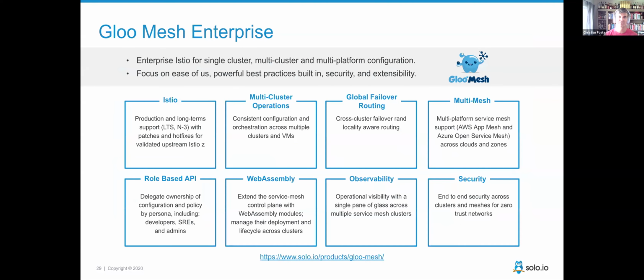So GlooMesh, the product, is our distribution of Istio. So it is a service mesh, and it's a distribution of upstream Istio with enterprise support, SLAs, CVE, and backporting for long-term support for a year per release. The community only does 6 months.